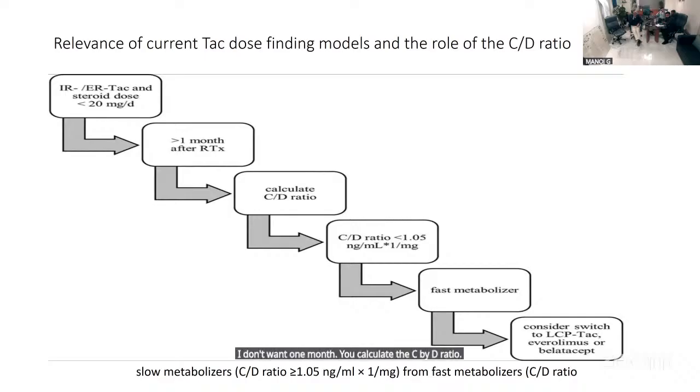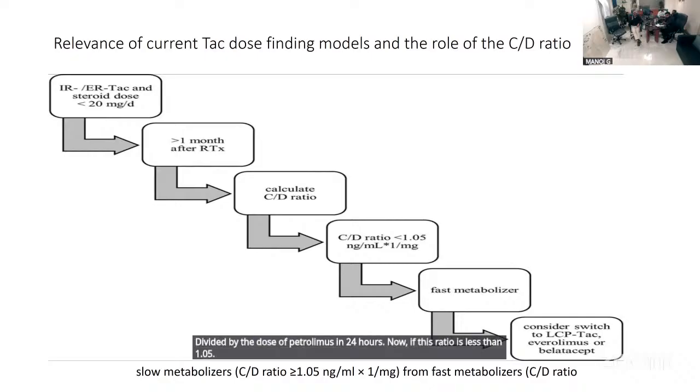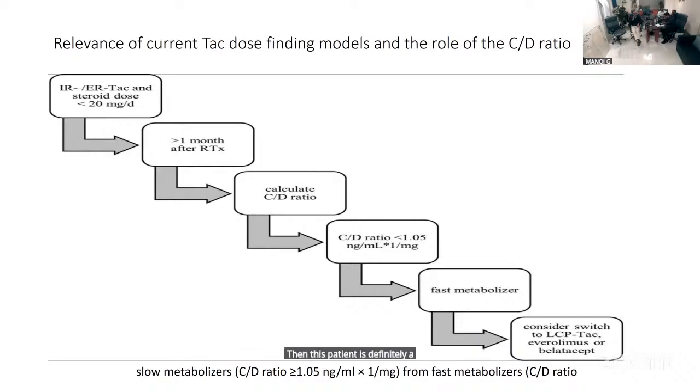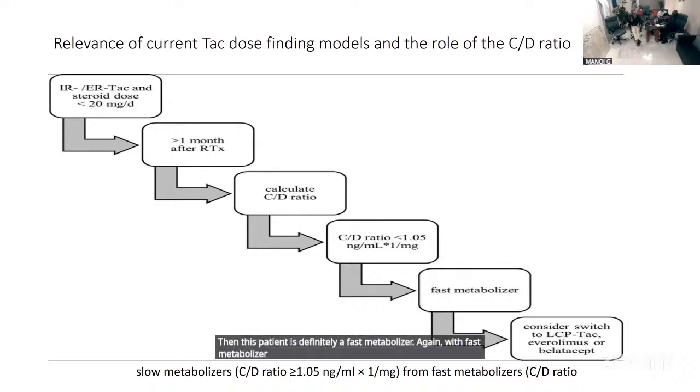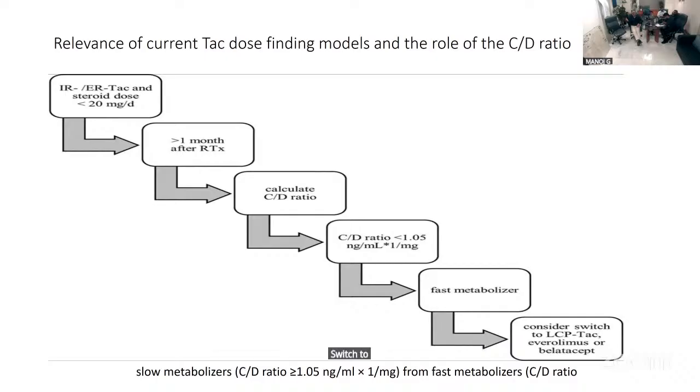C by D ratio is the level of tacrolimus divided by the dose of tacrolimus in 24 hours. Now, if this ratio is less than 1.05, then this patient is definitely a fast metabolizer. With a fast metabolizer, you can consider a switch to extended release tacrolimus or other drugs. You can start the conversion for this.